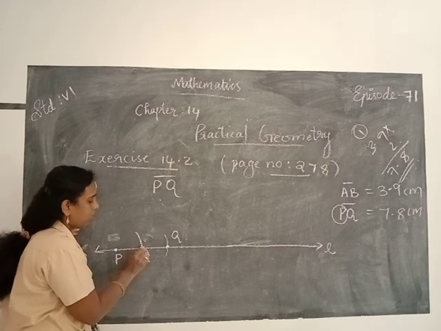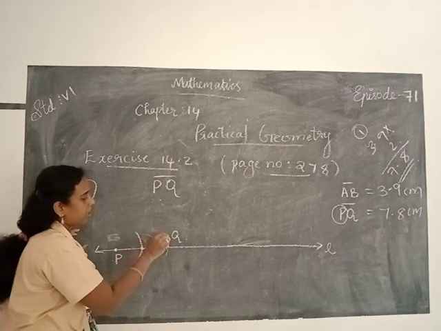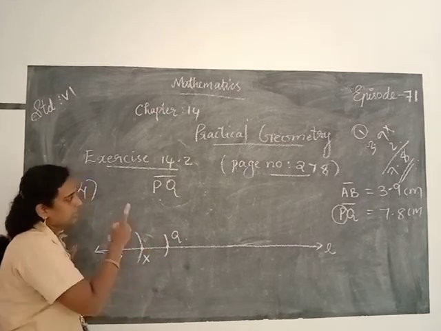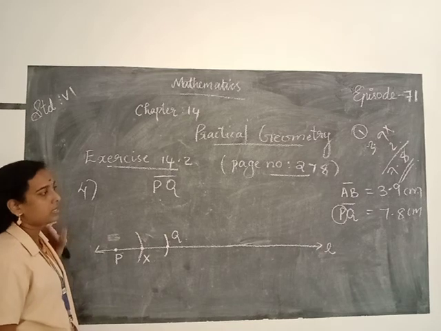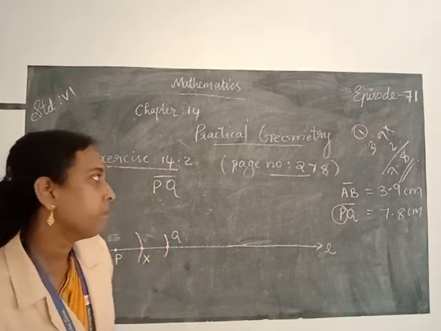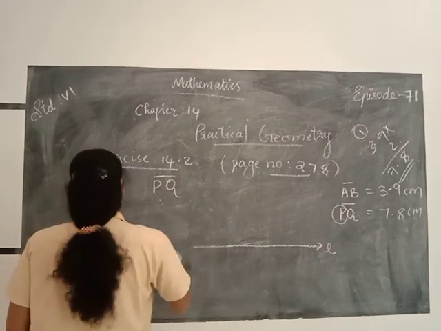Then place the compass again at the point X, then make a swing with 3.9 cm, then we get PQ, twice 3.9 cm, and it measures 7.8 cm. Okay, then the next question.